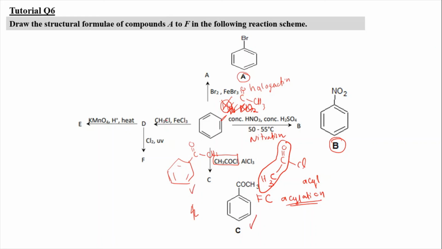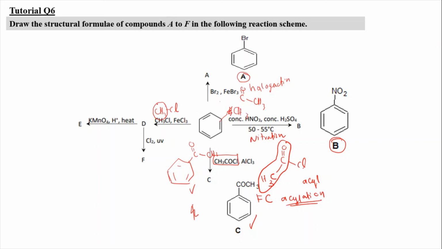Now for D, the benzene here is going to react with the haloalkane, alkyl halide, which is the CH3Cl. So what we're going to substitute is the alkyl group, which is the CH3 here. So hydrogen is going to be replaced with CH3.